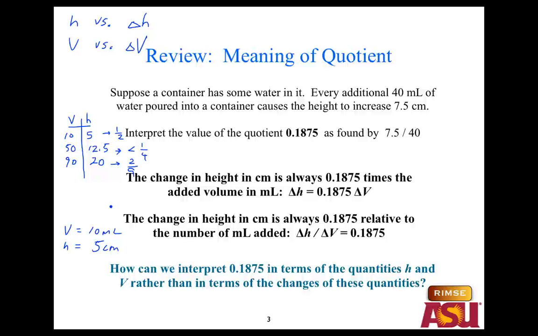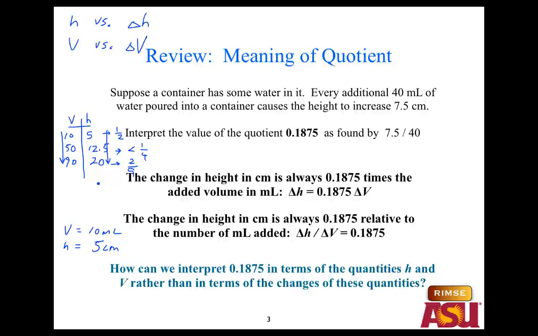I'm still talking about the quantities H and V, not the changes. I'm talking about how H is changing relative to V. H changes 0.1875 times as fast as V changes. So I'm talking about the quantities V and H and using that 0.1875 to do it.